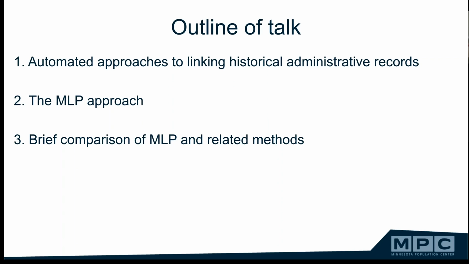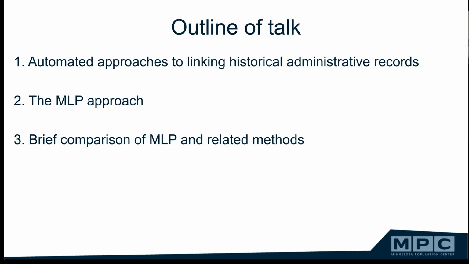Lastly, because I know that some of you are interested in how the MLP project compares to other methods or other data releases, such as the census linking project, I will be comparing a little bit the output that we are getting to outputs obtained using other methods.